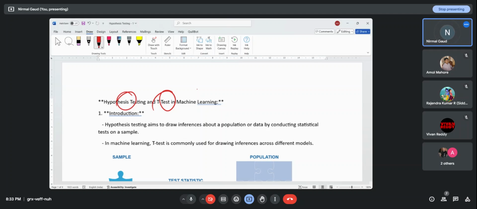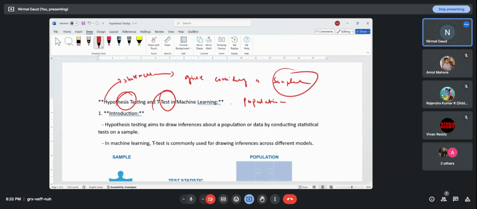The concept we have learned about hypothesis testing is that a hypothesis is a statement which we give considering a sample of data, and we perform the test over this sample to prove that it is applicable for the entire population also.